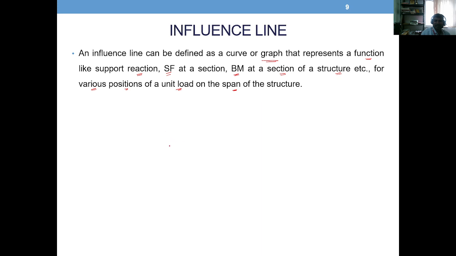Okay, for example, consider a simply supported beam AB. Now I will place one unit load, moving load.